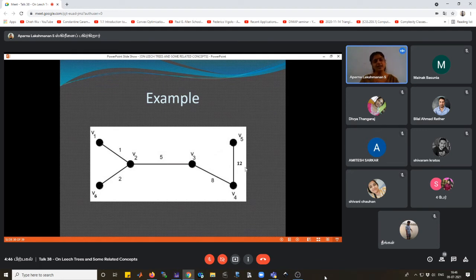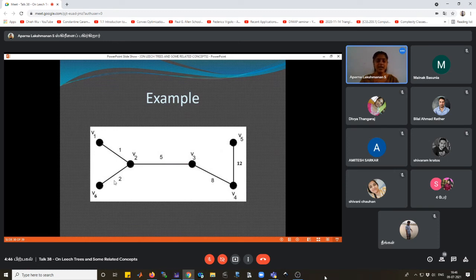You can take 12 plus 8, 20 plus 5, 25 and take modulo 16, what you get is 9. Then plus 1 gives 10 and plus 2 gives 11. 12 is already here. Then 8 plus 5 gives 13. 8 plus 5 plus 1 is 14 and 8 plus 5 plus 2 gives 15. Okay. So here you have all path weights from 1 to 15.